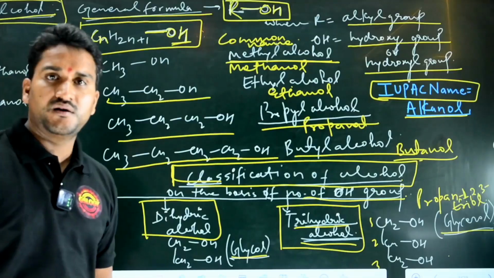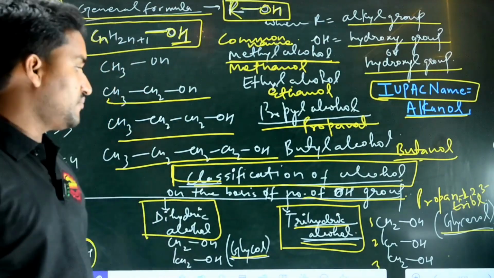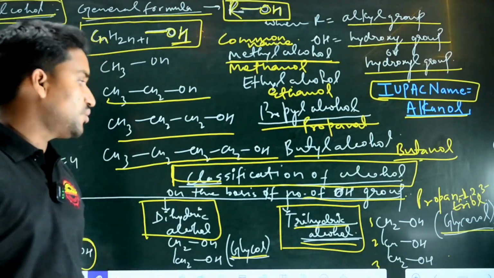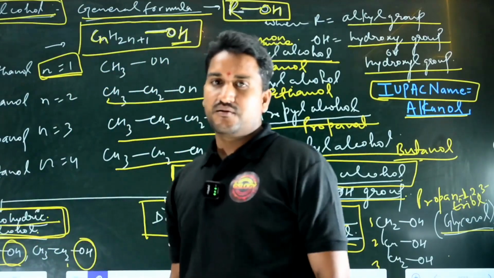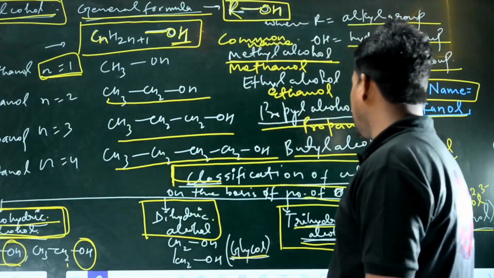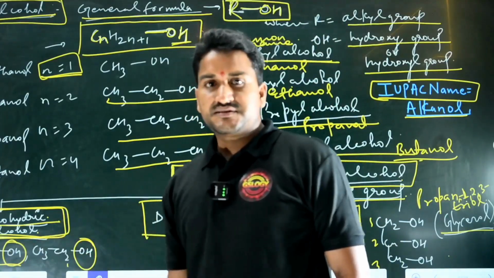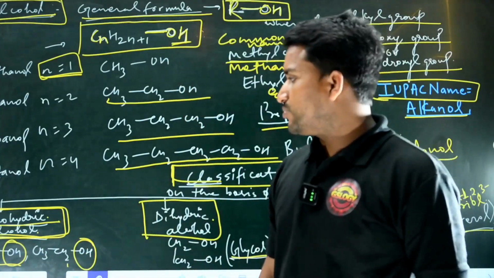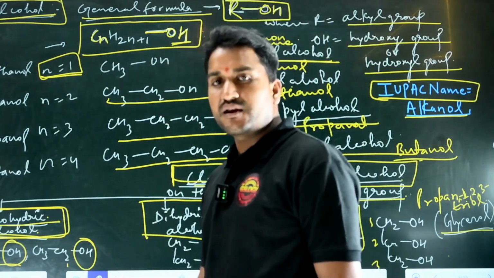of alcohol is on the basis of the number of OH groups present in the alcohol. First, monohydric alcohol, dihydric alcohol, and trihydric alcohol. When a single OH group is present in the alcohol, it is said to be monohydric alcohol.